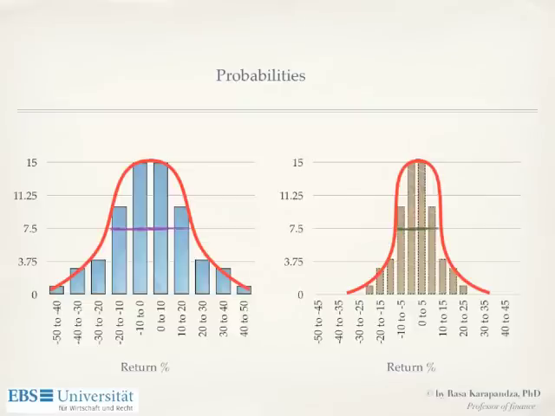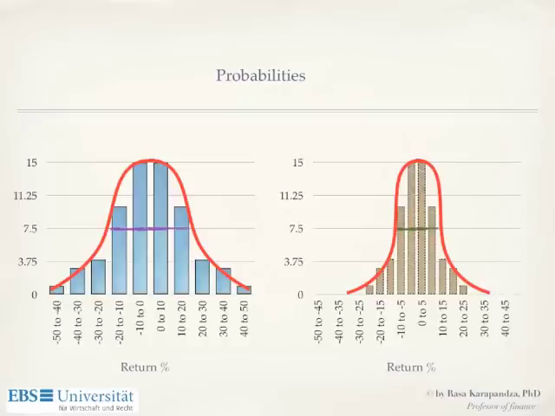And we said, if we are risk averse, we don't like risk, we prefer this one with the smaller standard deviation. We prefer the brownish one compared to the blue one. Okay?